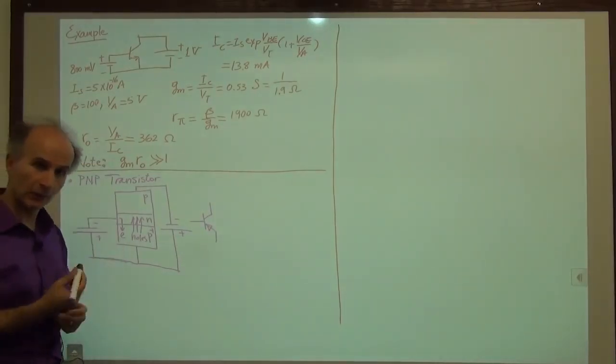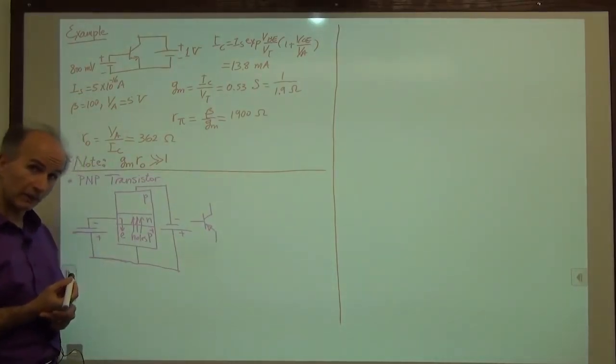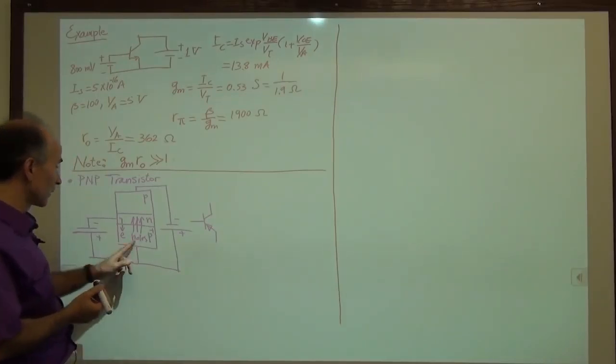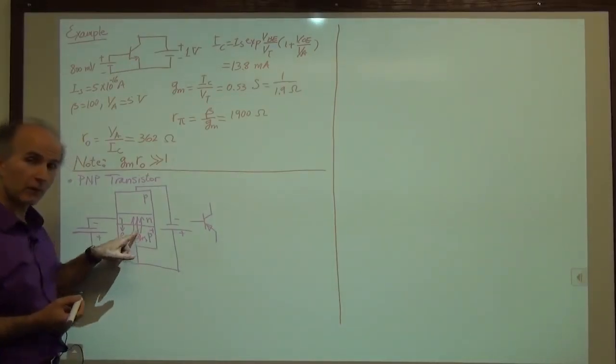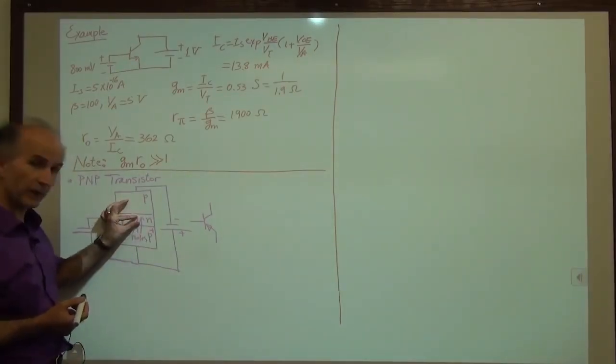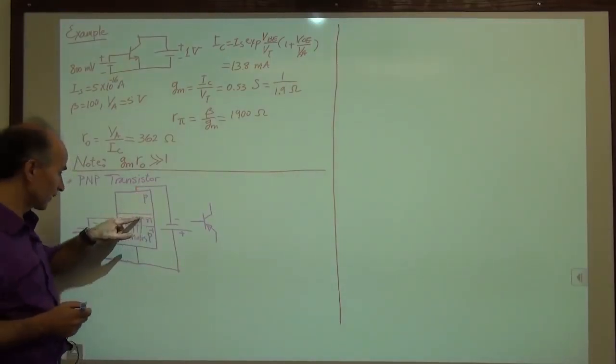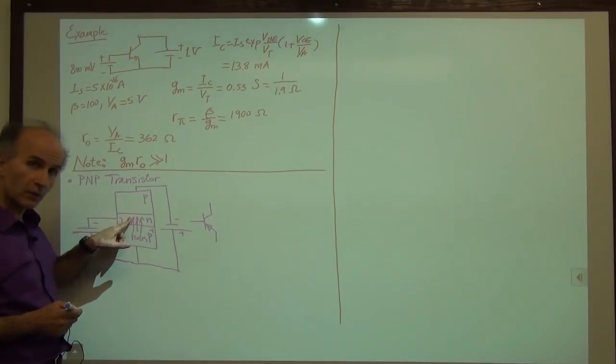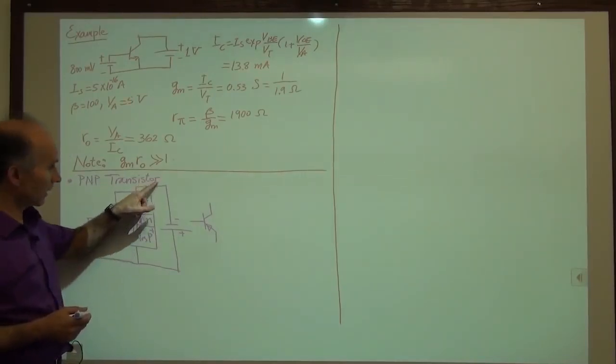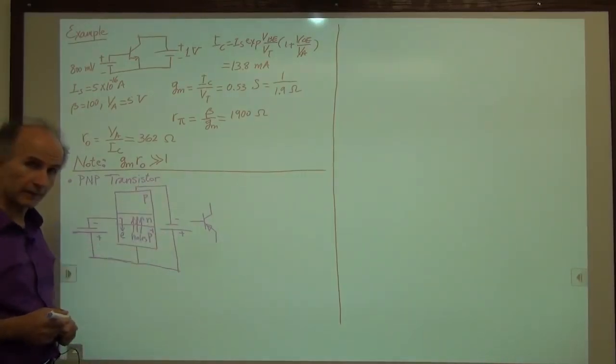Just the opposite of what we learned in the NPN device. The holes start from the emitter, cross the base. Because the base is so thin, most of them cross to the collector. They reach the depletion region and shoot through the collector and are absorbed by the battery.